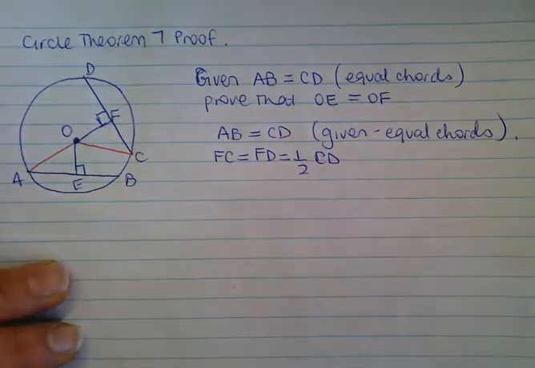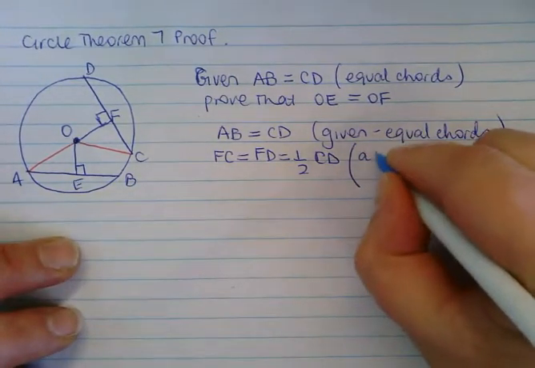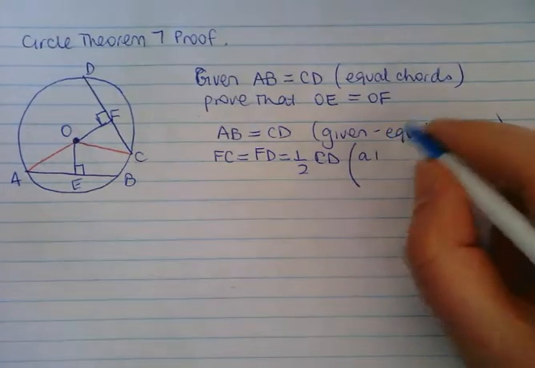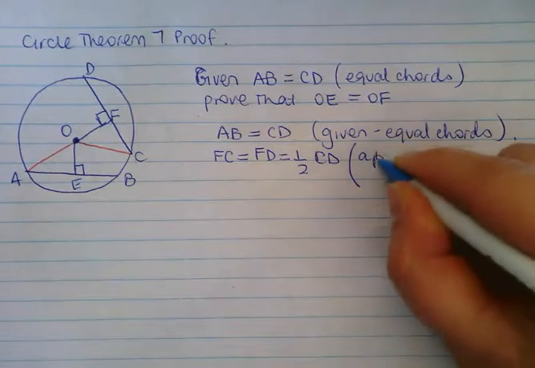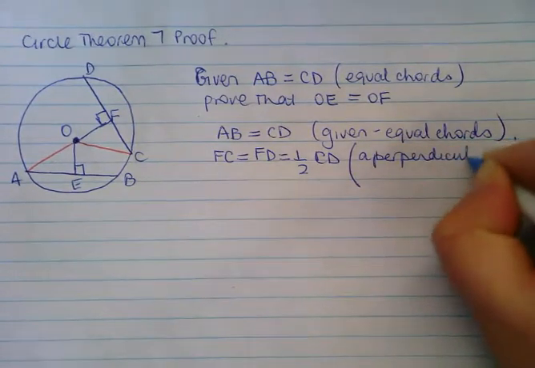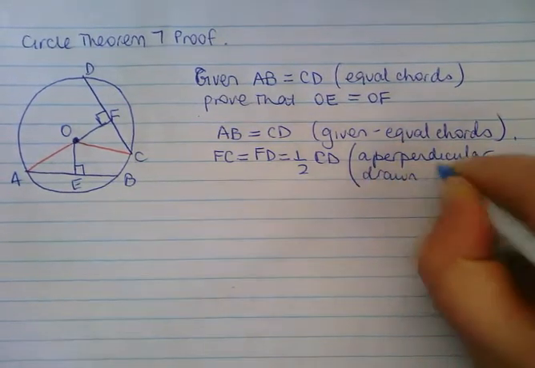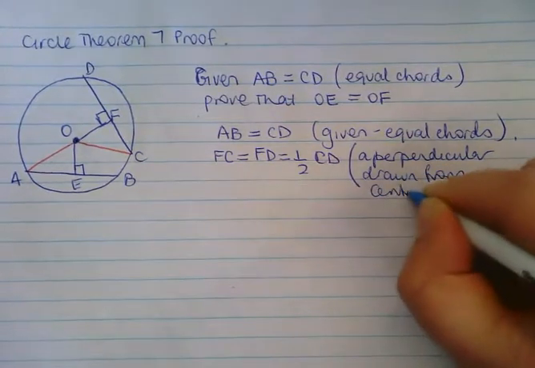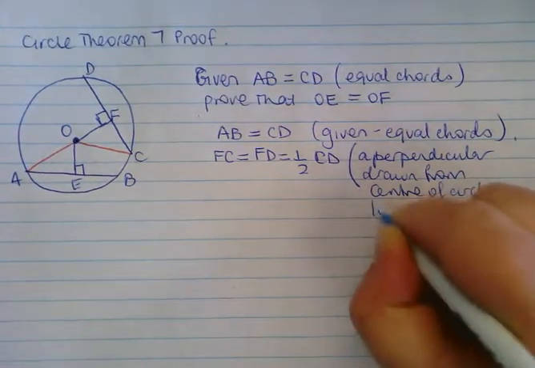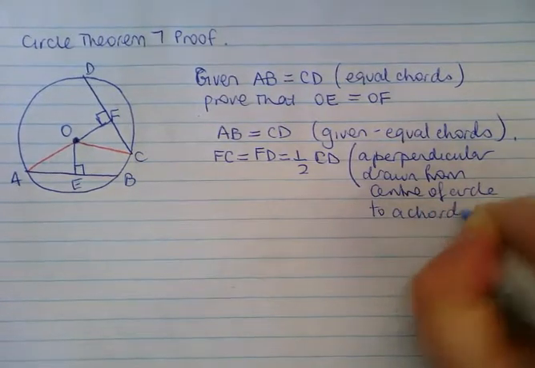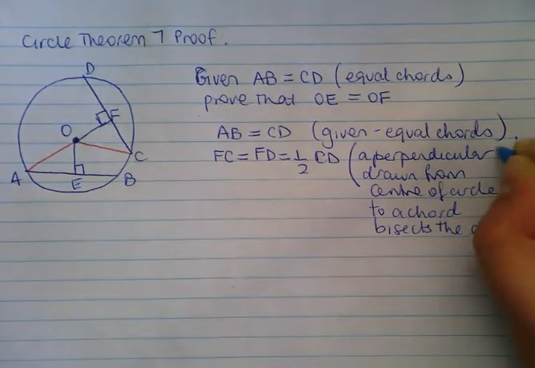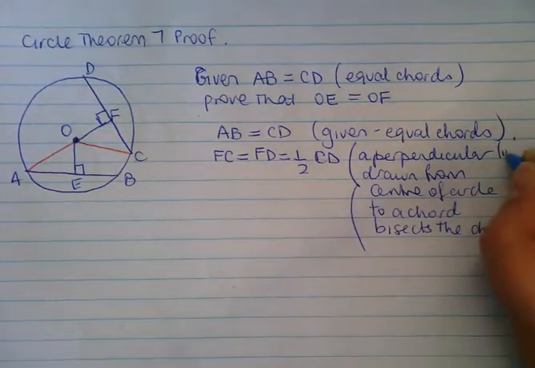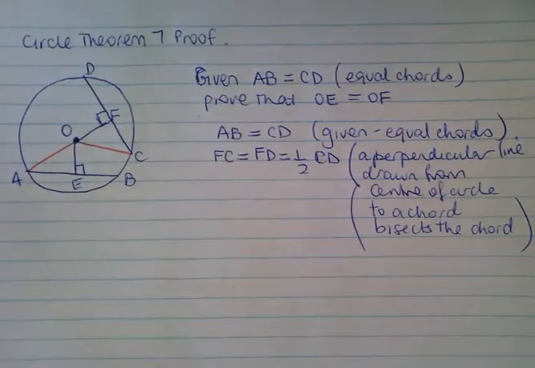We okay with this? Reason? Because a perpendicular line drawn from the center of a circle to a chord bisects the chord.